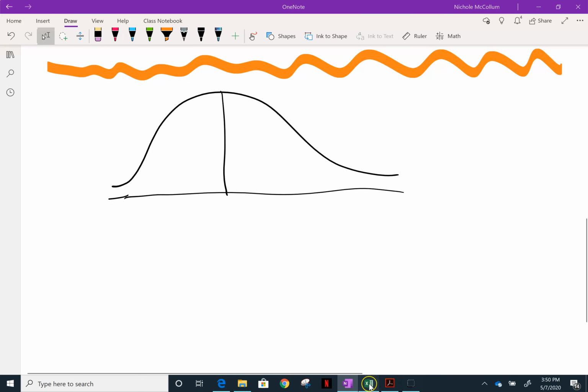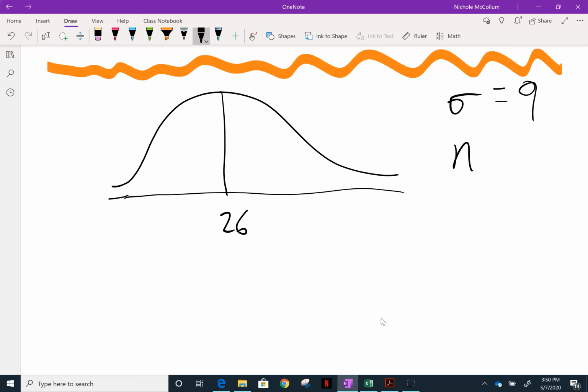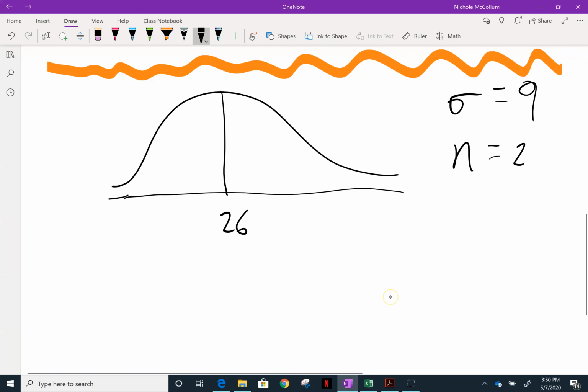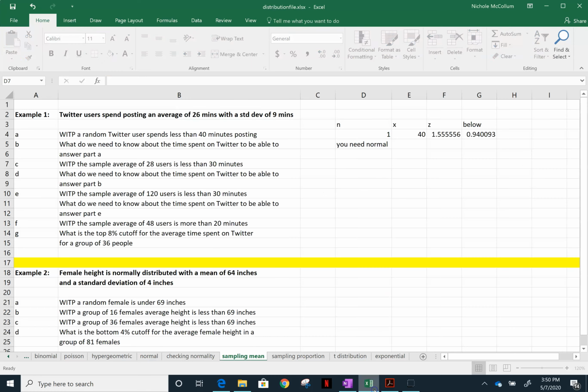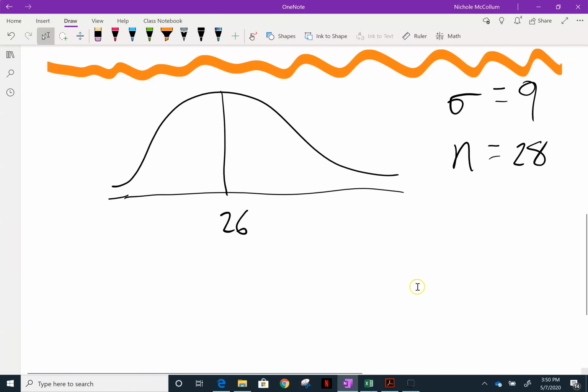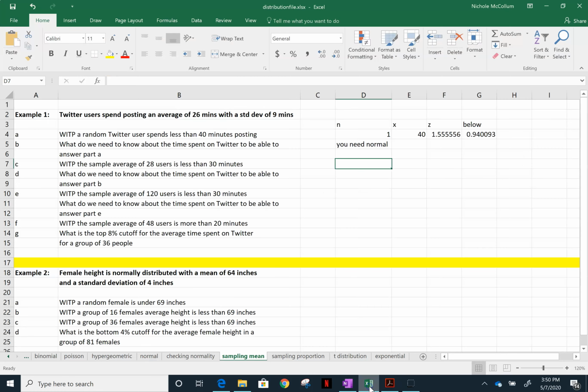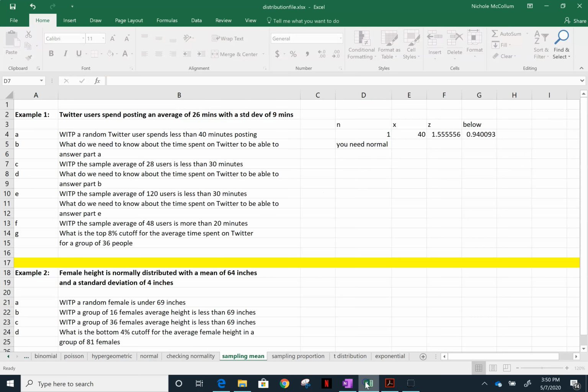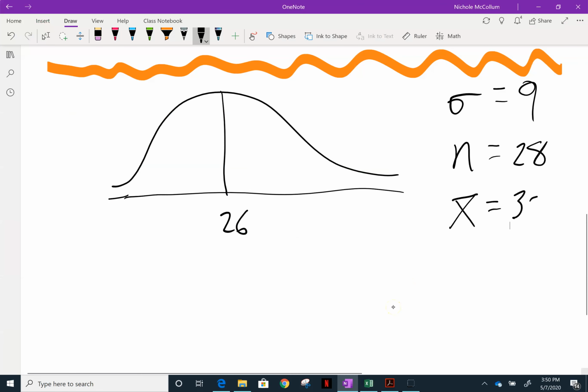The average is 26, and the standard deviation is 9. We now have a group, and that group is 28 users. Let me verify that. Part C, 28 users. And we want to know when their sample average time, X bar, is less than 30 minutes.